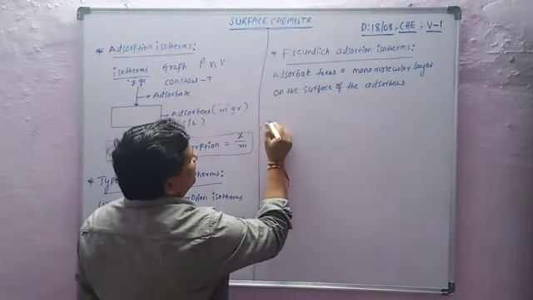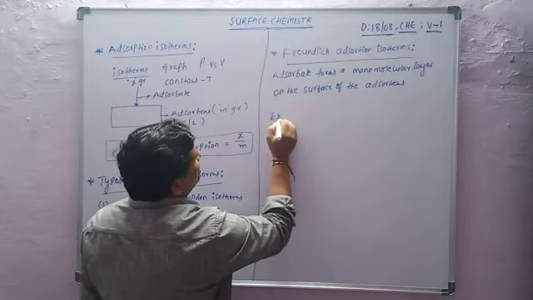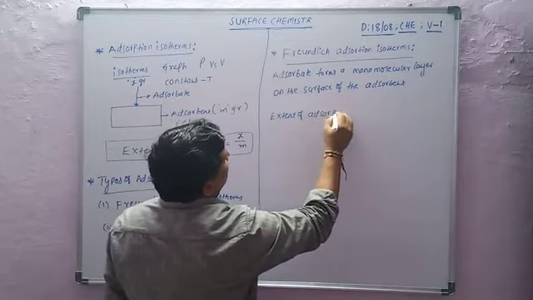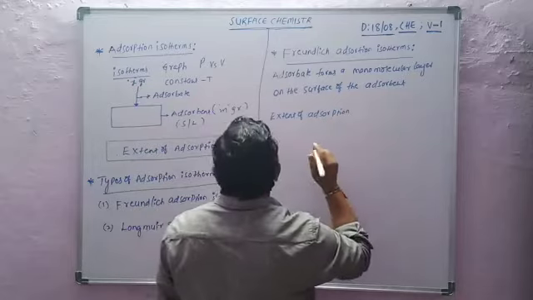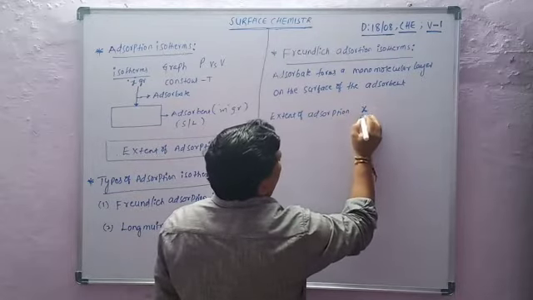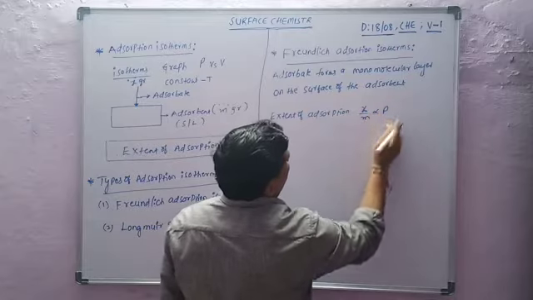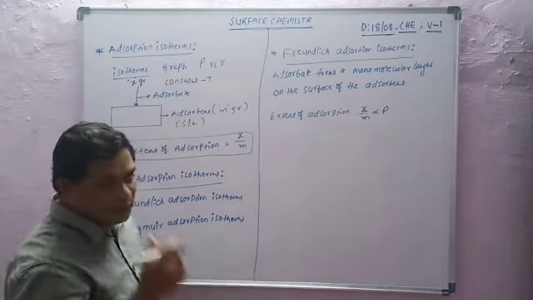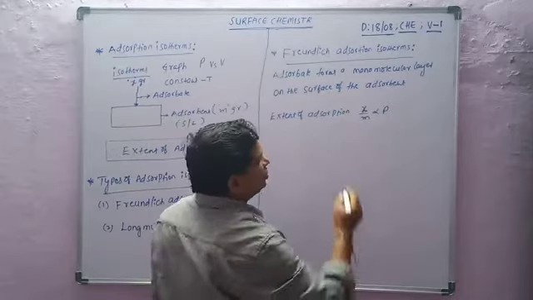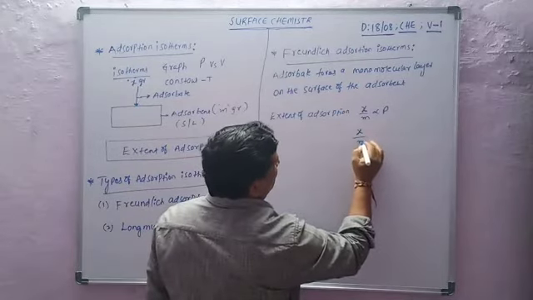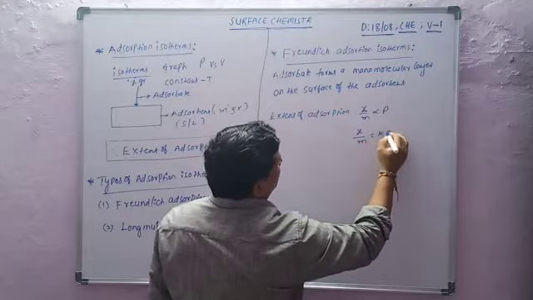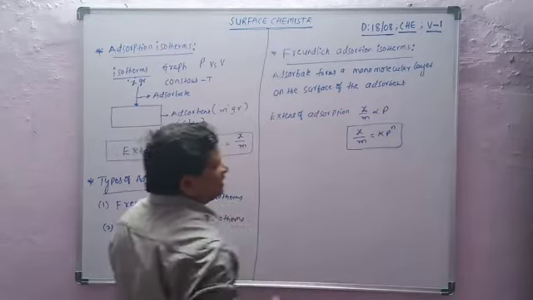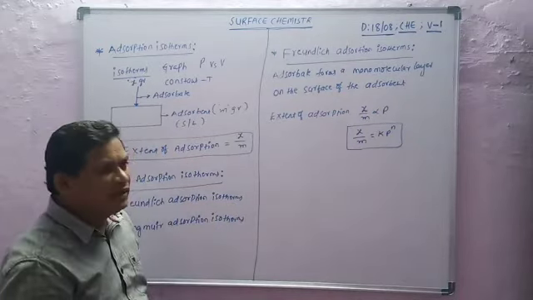So x by m is directly proportional to pressure. Removing the proportionality sign, we add the proportionality constant. So x by m equals k into p power n.